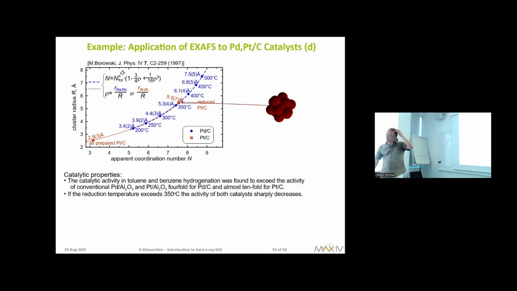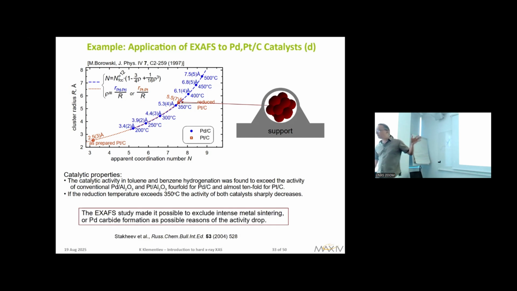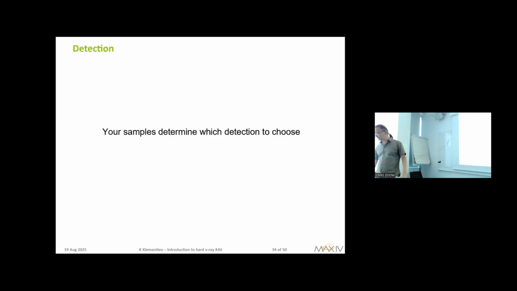And this is already important for catalysis, for this particular catalyst. So it's rather what we then hypothesized, the support itself, carbon black, covers the particles, which was also supported by other methods. All right, this was an example of how to use EXAFS for a real study.